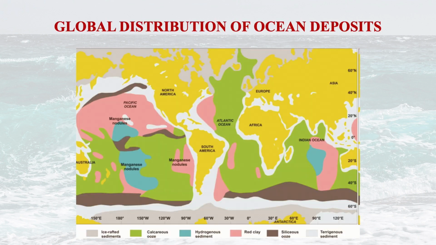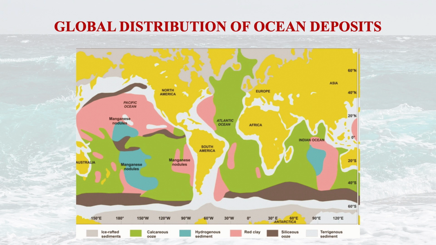In the horizontal distribution, you can see this world map that shows the distribution of ocean deposits in different areas of the oceans. You can see the red clay portion shown by the red color, and it occurs mostly in the Pacific Ocean. Let us start first with the terrigenous deposits.